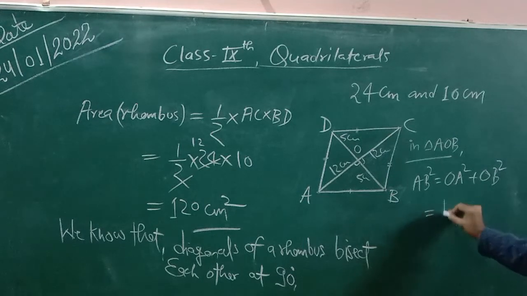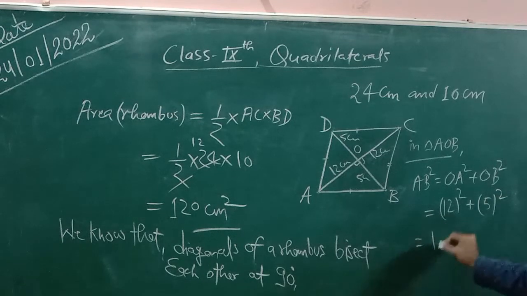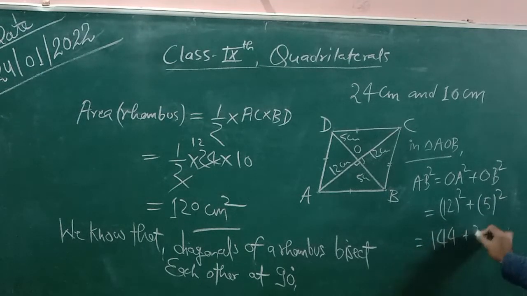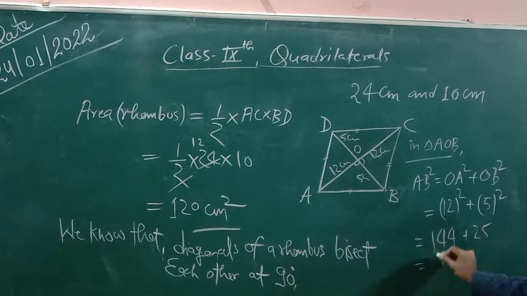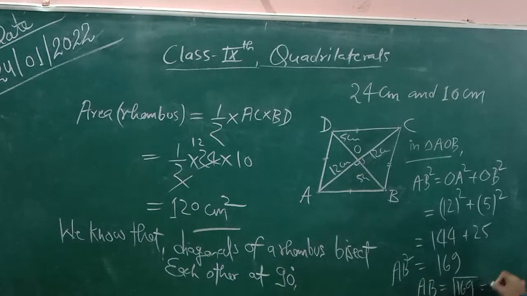OA is 12, OB is 5. 12 square is 144, 5 square is 25, 144 plus 25 is 169. AB square is 169. AB is under root 169, which is 13 cm. Length of one side is 13 cm.